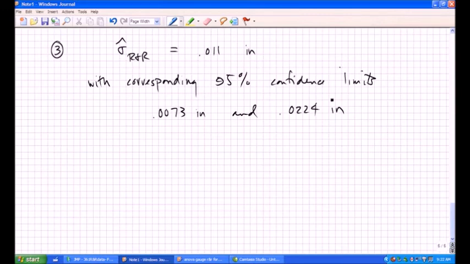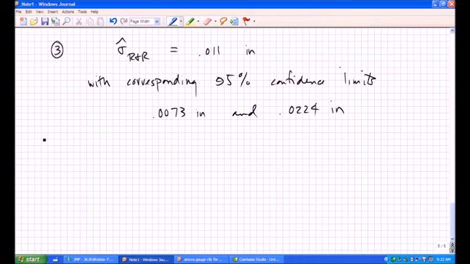Practical upshot of that would be that it looks like operators need to be trained, these students who did this measuring, they need to be trained to use the calipers in the same way. I purposely don't really give very good instructions in these in-class data collection labs, mostly so that people can see what it means to have reproducibility variation.